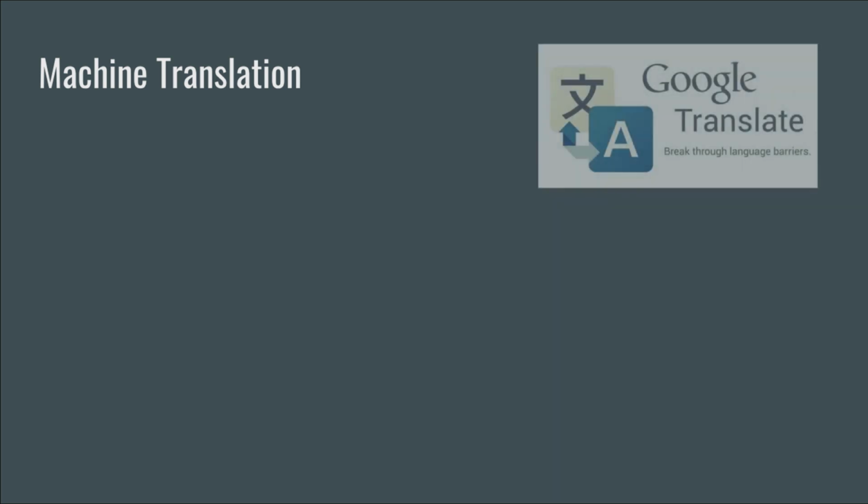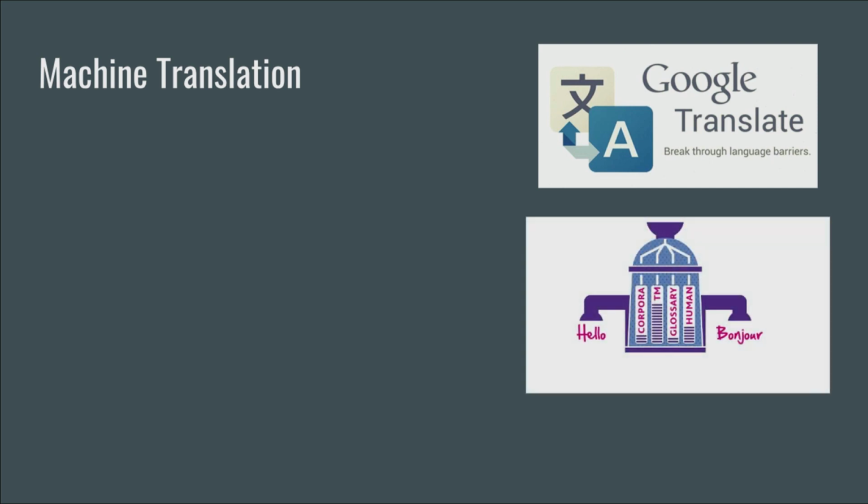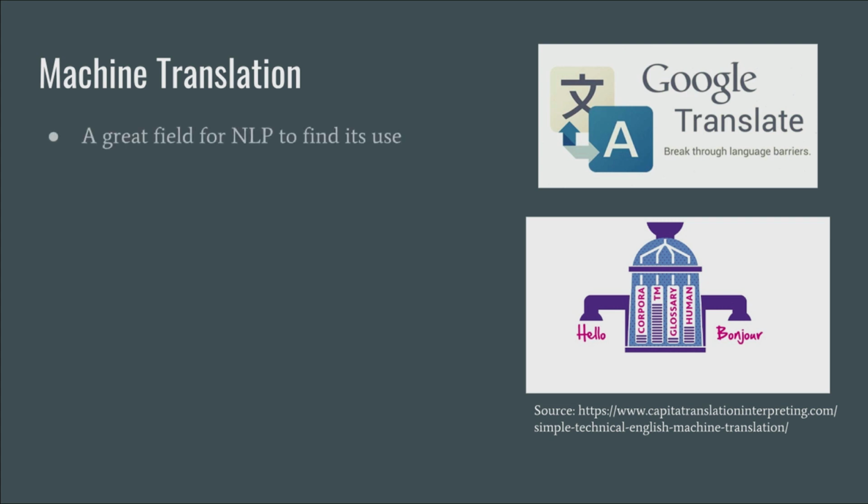So let's get to the next major use of NLP, and that would be machine translation. This is a great field with so much work left to be done, no matter how many years pass, because machine translation has been a great field for NLP to find work, and it'll only keep increasing as there is a ton of problems that need to be solved to achieve near perfect translations across languages.